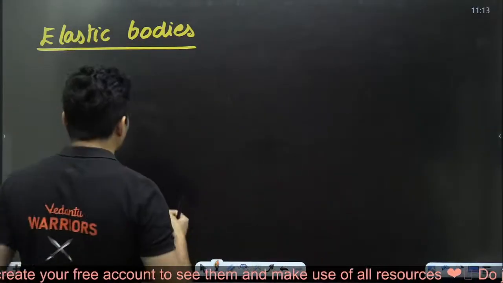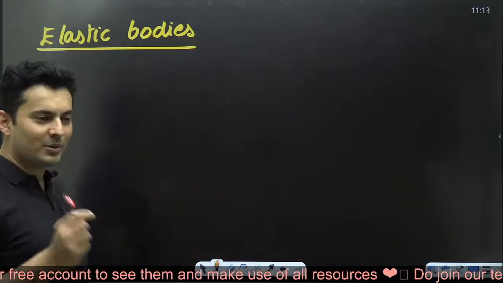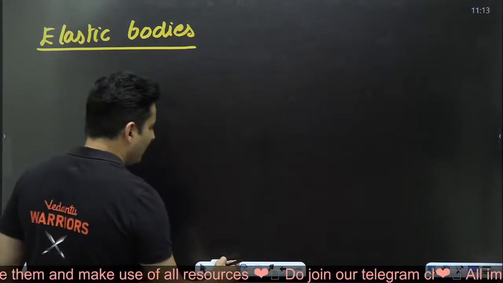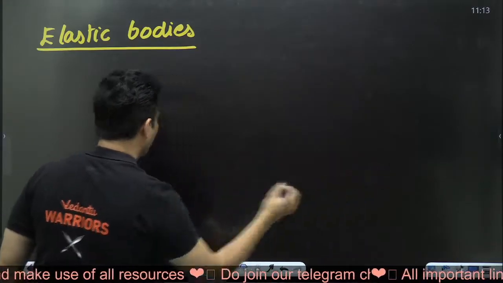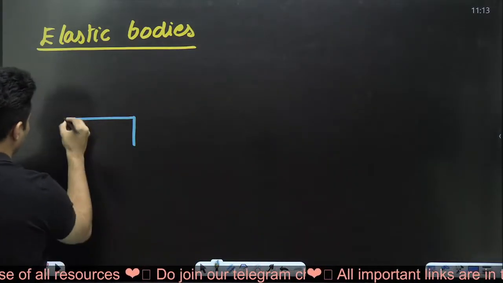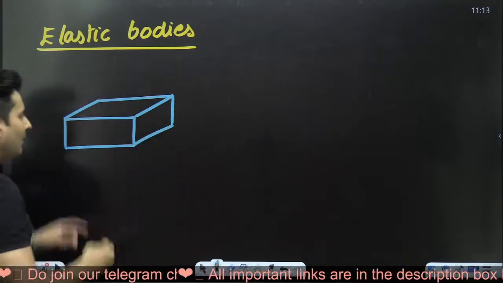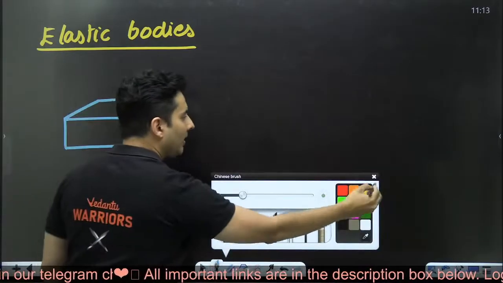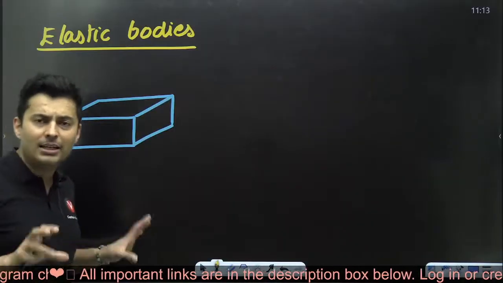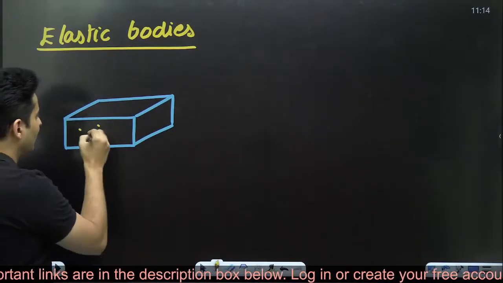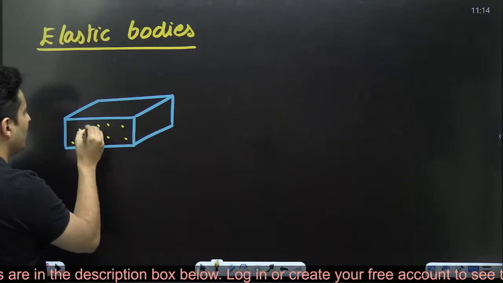So the erasers or those rubbers which you have been using at a lower grade, maybe, if you take an example, let's say this is our rubber, or eraser. If you look at it at a molecular level, at a very, very deep level, you zoom onto it, you will see it is made up of many, many atoms and molecules, right?